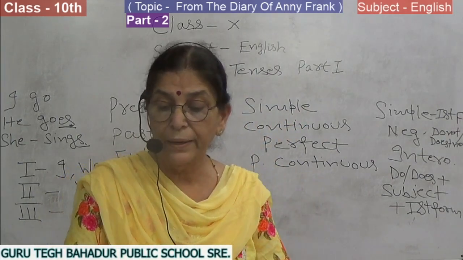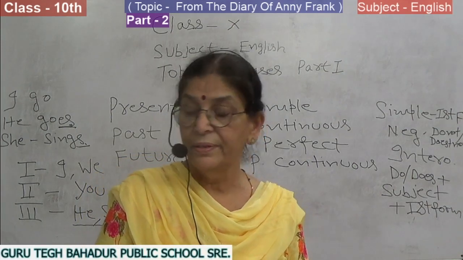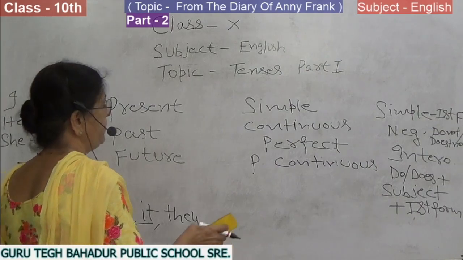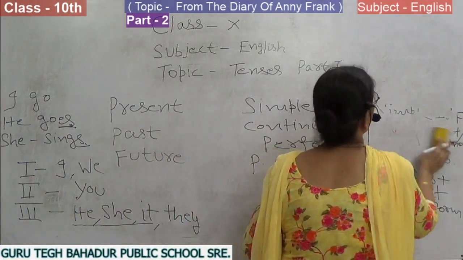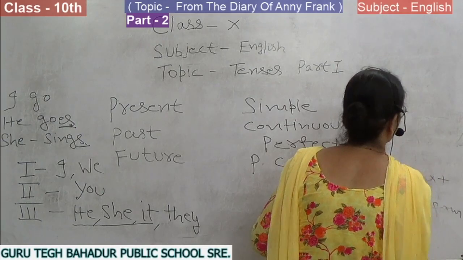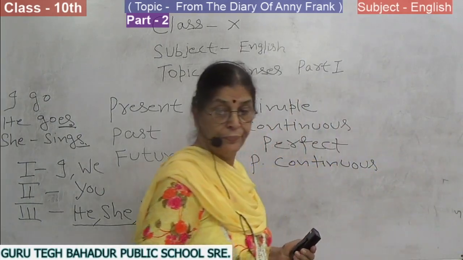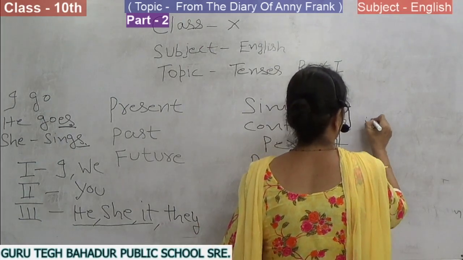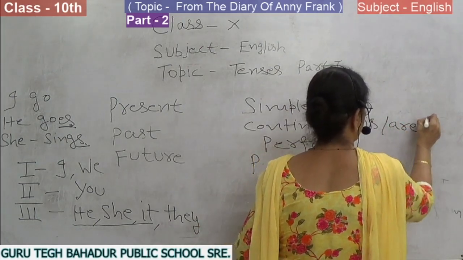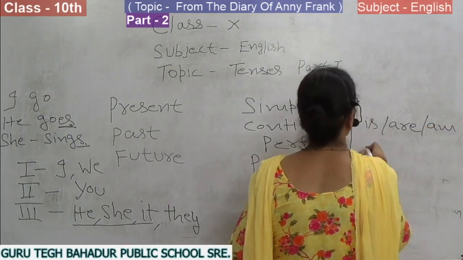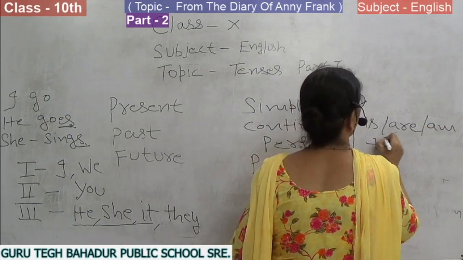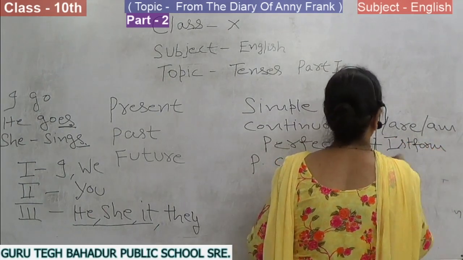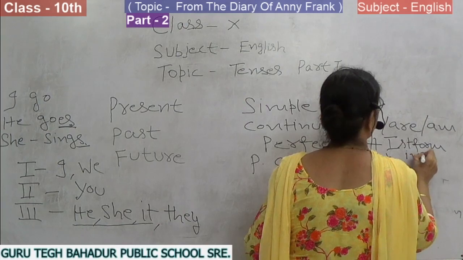Now we turn to the present continuous tense. In the present continuous tense, the helping verbs are is, are, am, plus first form, plus ing.